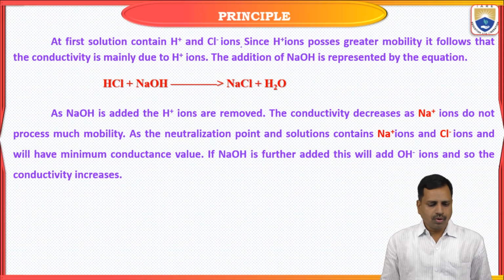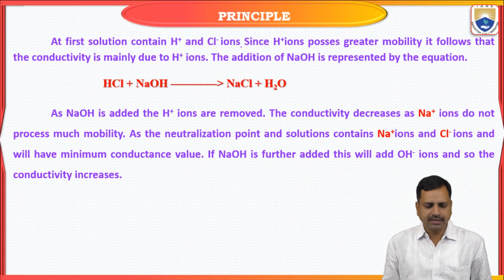So as NaOH is added, in this experiment, what will we do? We'll fill the burette with sodium hydroxide and take HCl in a beaker, and slowly add NaOH to the acid. When we add base to the acid, after some time it will neutralize.